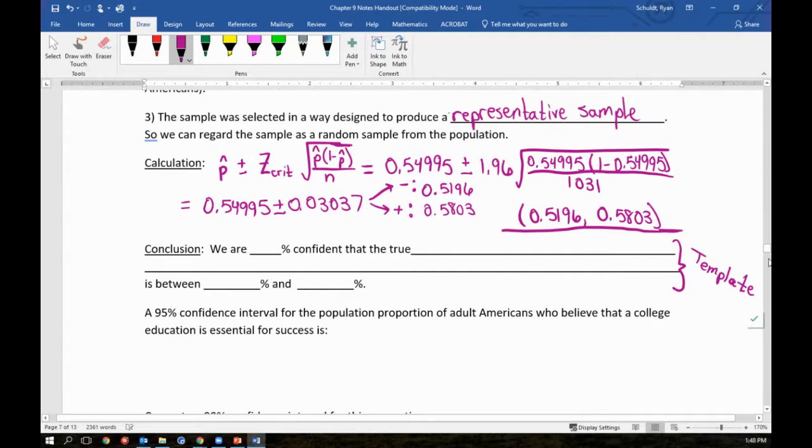So a 95% confidence interval for the population proportion of adult Americans who believe that a college education is essential for success is between. Okay, how can I put this lower value in a percent form?